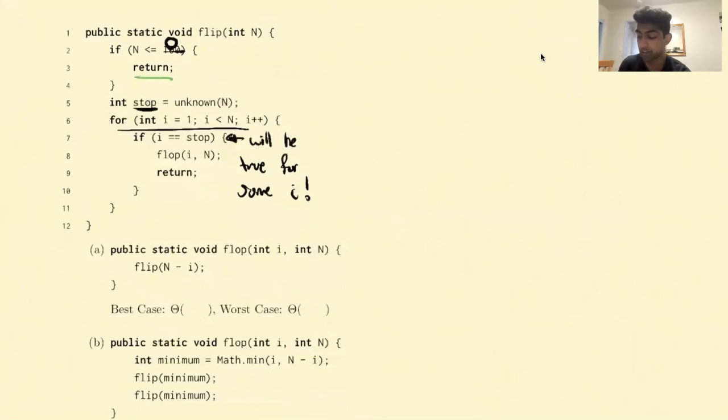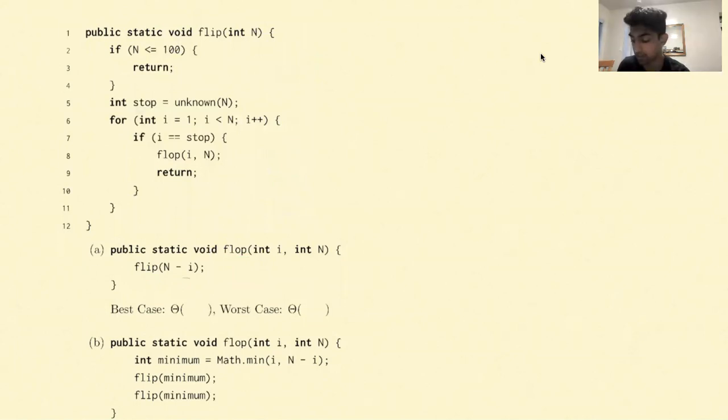Finally, without further ado, diving into part A, we will see that we have flop, which calls flip on n minus i. This one is actually a really tricky part. You could kind of guess on intuition, but I'm going to walk through a process that rigorously shows you the answer. For this problem, I'm actually just going to tell you the answer and then prove why it's the case.